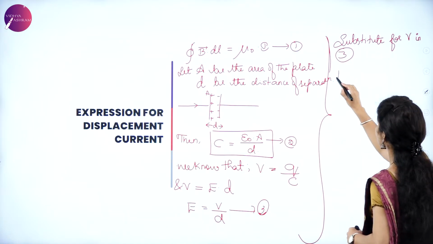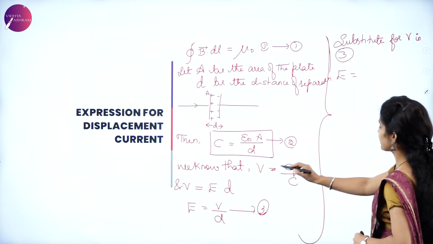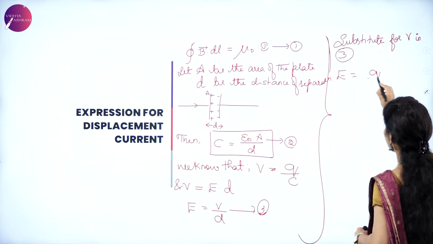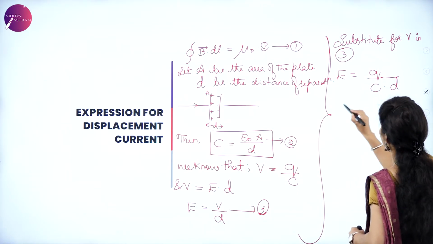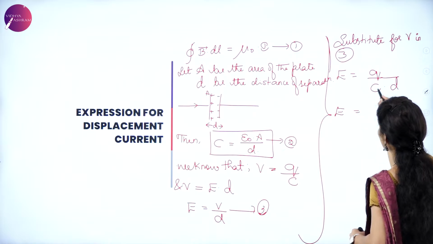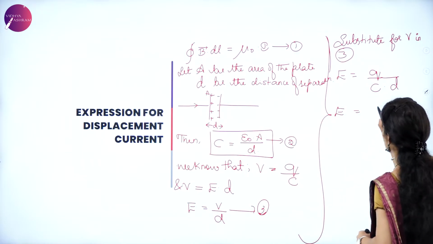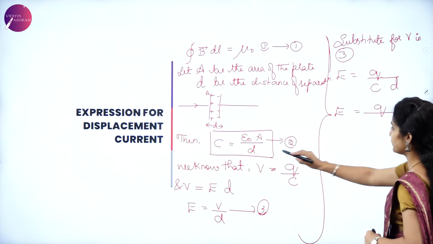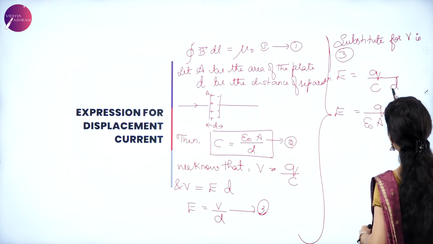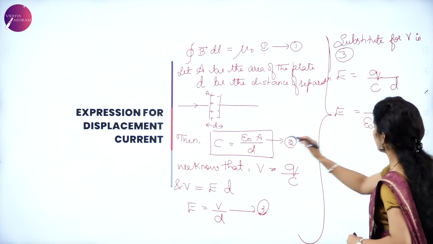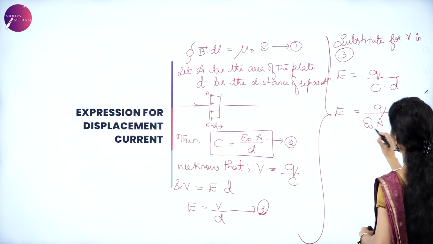We have E is equal to, what is V? It is Q divided by C into D. And we also know what C is from equation 2. So we have Q divided by epsilon naught into A by D, and the denominator D goes up to the numerator.